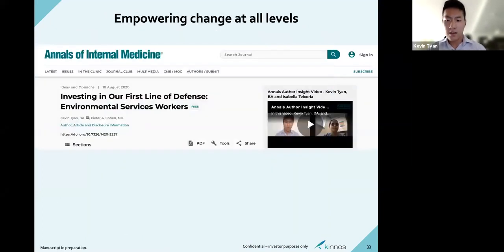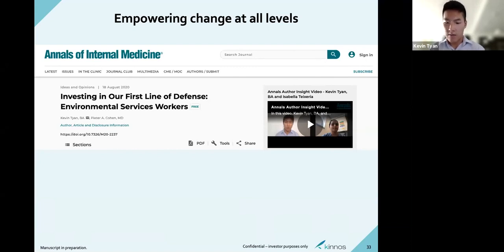Finally, I just want to say that at Kinos, our mission is to empower change at all levels. The process of cleaning can be such an invisible process at many levels. Cleaning is so hard to see, not just literally, not just physically when you're wiping, but also figuratively in terms of how its importance is noted in the hospital hierarchy.